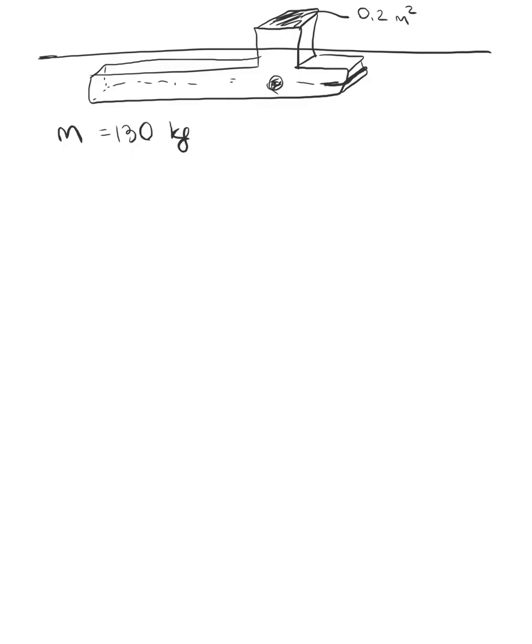Before the alligator swallows the stones, there is a downward force, which is 130 times 10, mg, about 1300 newtons. And there must be an upwards force, which is a buoyant force, which is density of water times volume of the alligator submerged times g. I know that density of water is about 1,000 kilos per cubic meter.